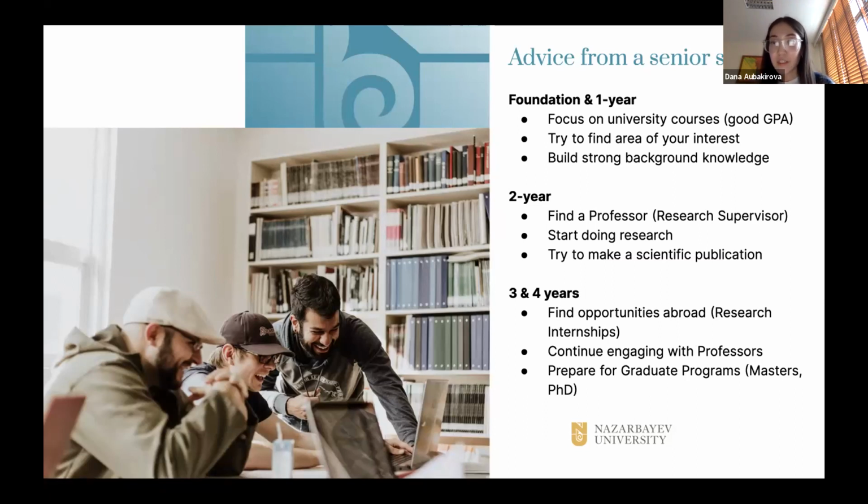Then during the third and fourth year, you can try to make a scientific publication. Also, you can find opportunities abroad, since you already gained some experience during your first and second year.